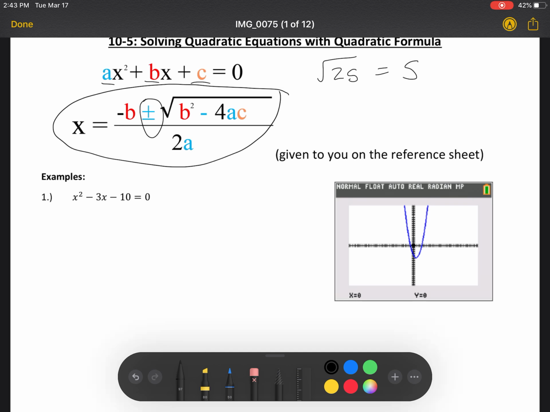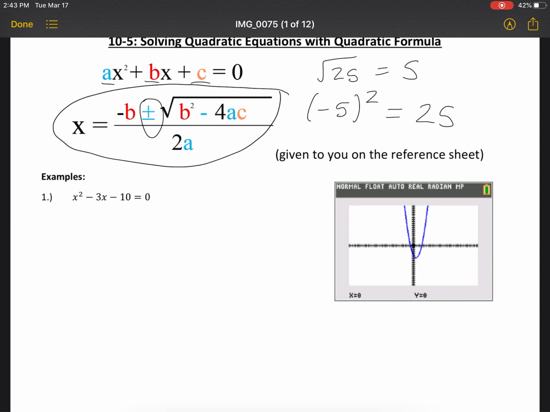And that means that I can take 5, I can square it, and that will give me an answer of 25. Now the way that we get the negative version of that is by saying, well, if we also square negative 5, we are going to get an answer of 25, because a negative times a negative gives you a positive. So that's why there's that plus or minus symbol there.